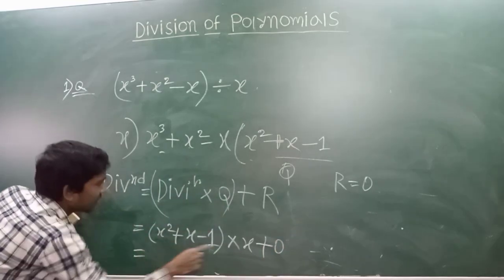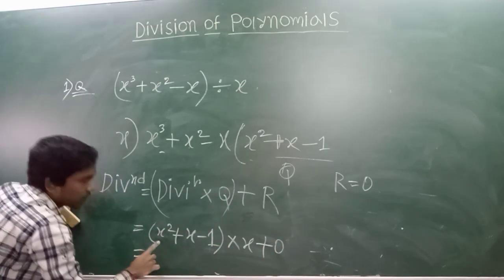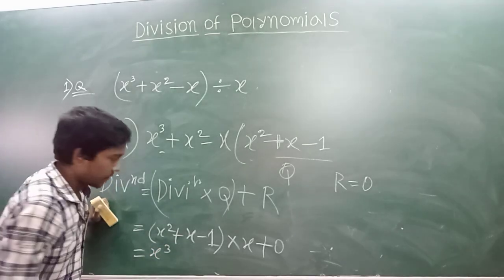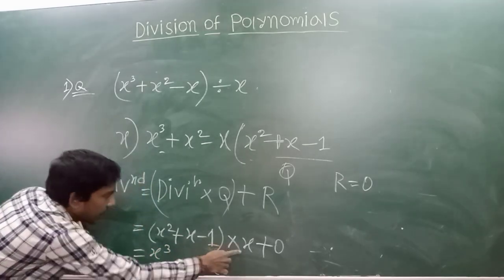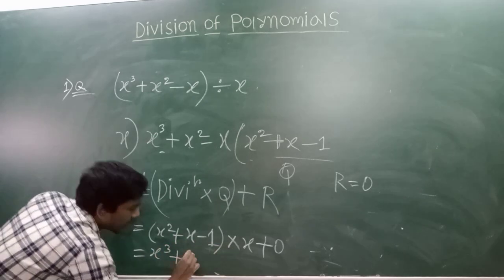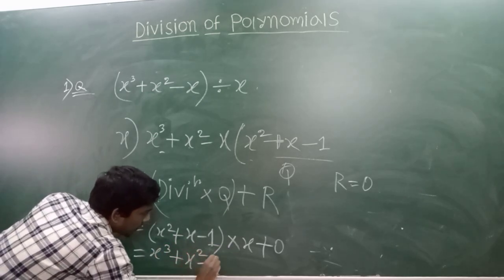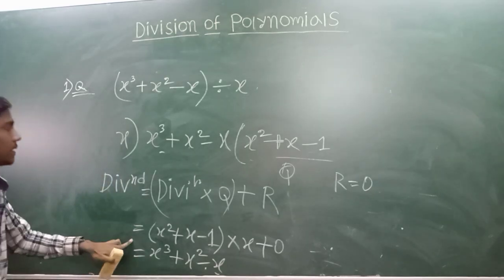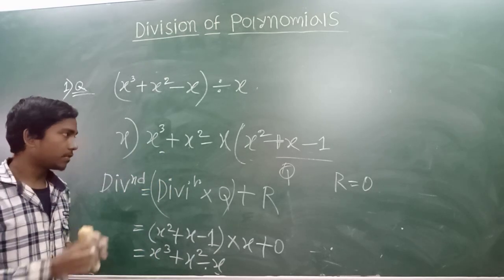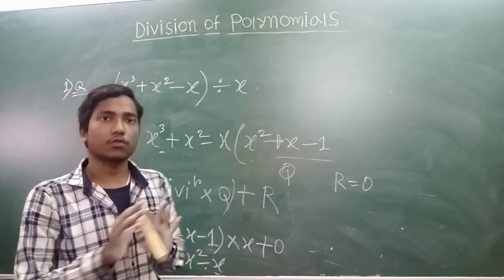So this is equal to x into x squared, that is x cubed, plus x into x means x squared, minus x. I hope you know the multiplication of polynomials. And this is our dividend. Okay, so this is verified that the process is true.